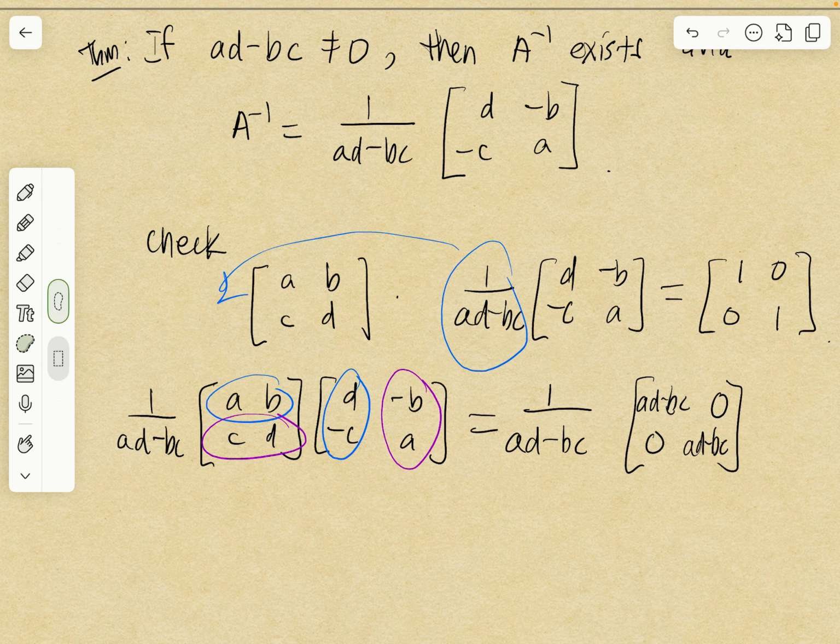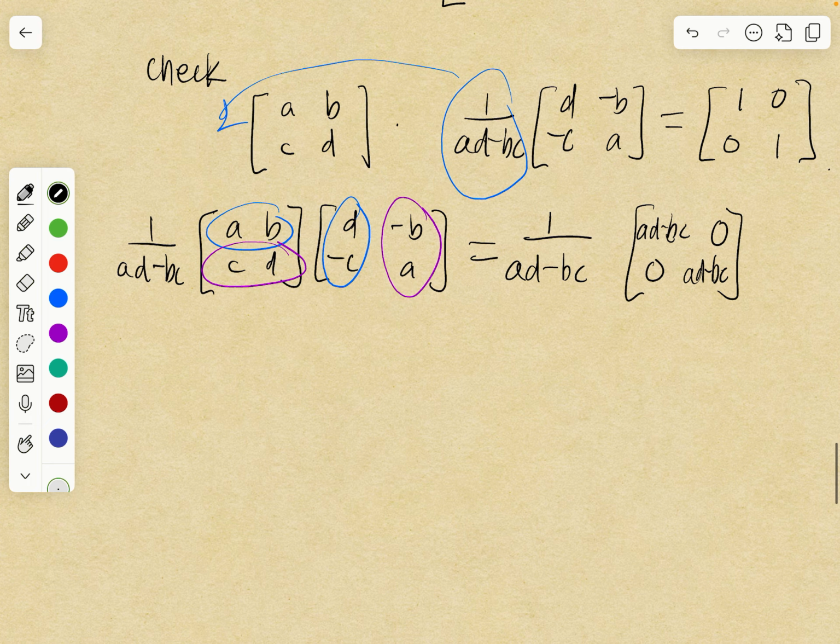But I have this factor of 1 over AD minus BC here. And remember, when I take a scalar multiple of a matrix, I scale each entry, okay? And that's going to give me 1, 0, 0, 1. So I do get the 2 by 2 identity matrix, and that explains why the formula is true if AD minus BC is not equal to 0.